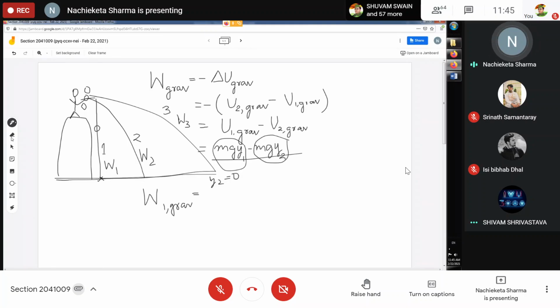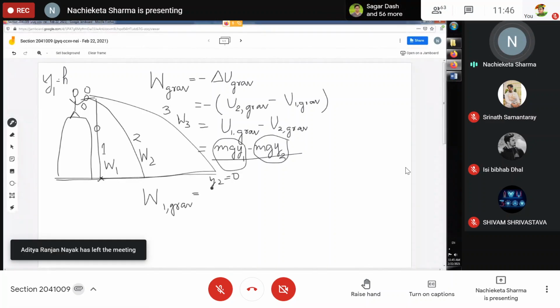Suppose y1 is equal to H, because your friend is very familiar with that H from school probably. That's why he is using H. There is no harm in this utilization, but you have to follow this logical structure. Now in place of y1, I will write H and y2 is 0.